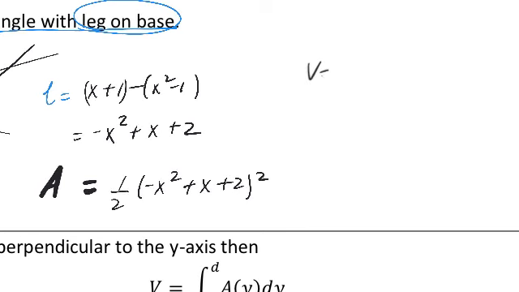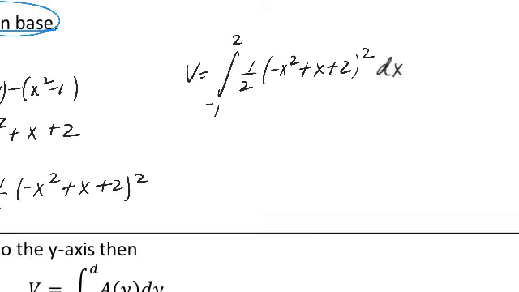And volume will be then the integral, same limits of integration, negative 1 to 2, of this area dx. And this is going to come out to be 4.0500. Okay. So once again, make sure that you know how to do Math 9 and actually get this correct answer out of your calculator.